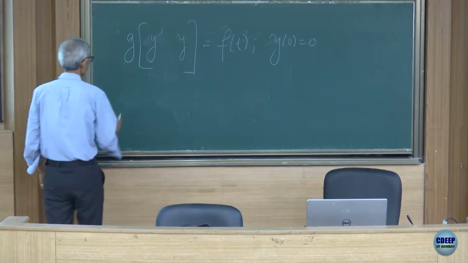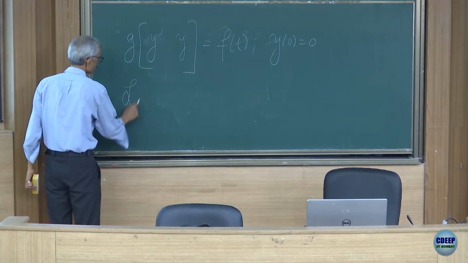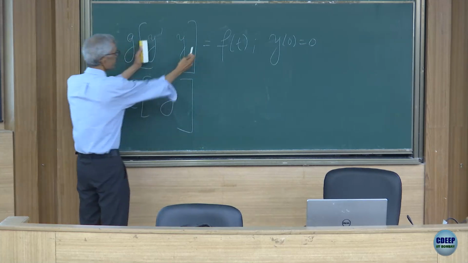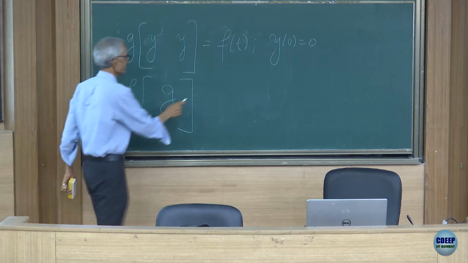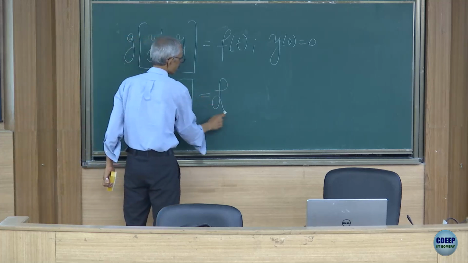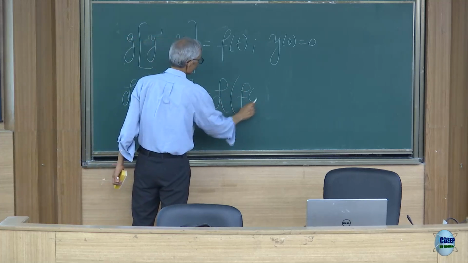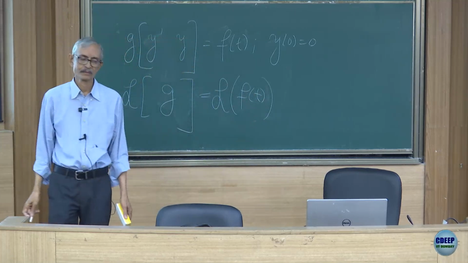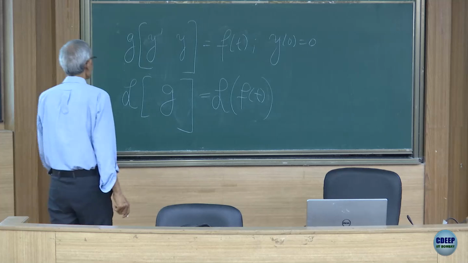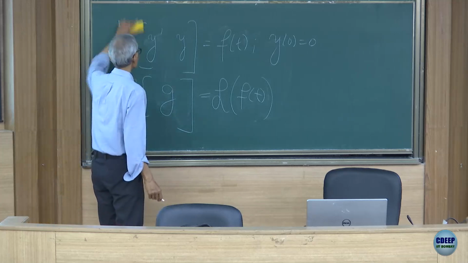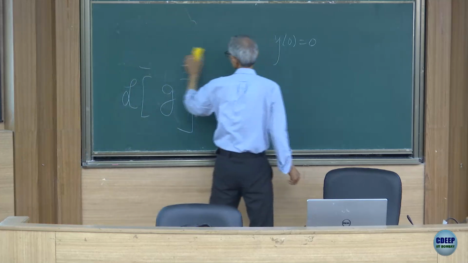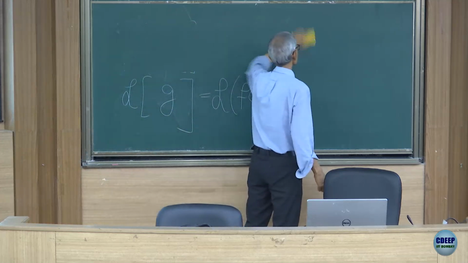So I'll take the Laplace transform on both sides. I've got the Laplace transform of this entire function is equal to the Laplace transform of whatever is there on the right hand side. So what will be the Laplace transform of this particular left hand side?